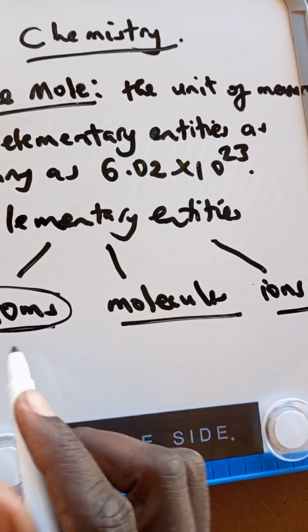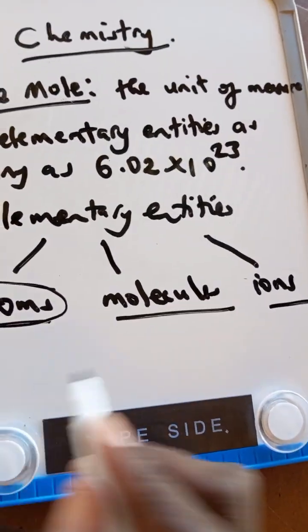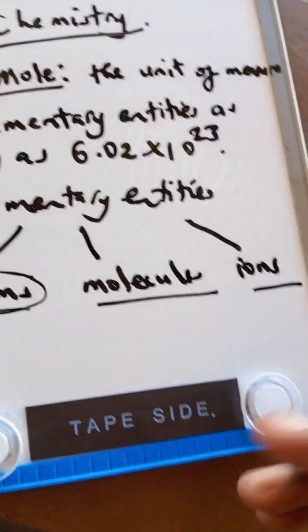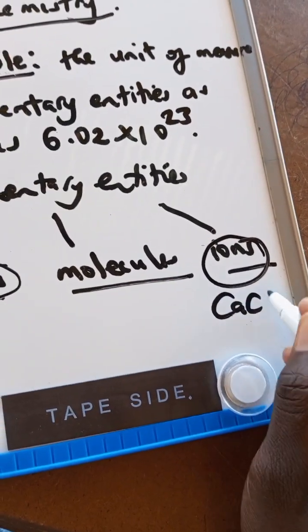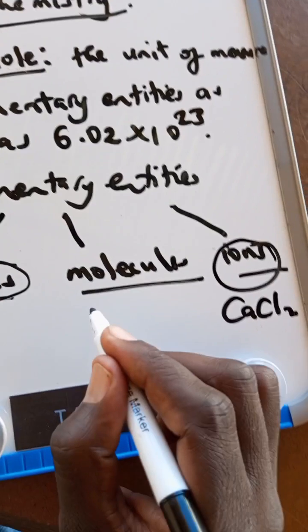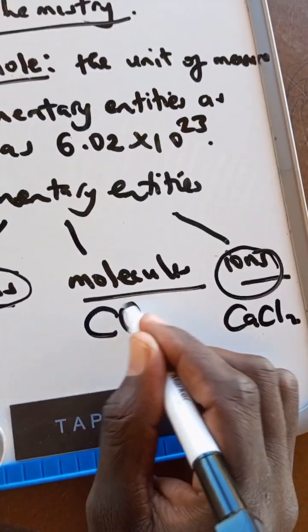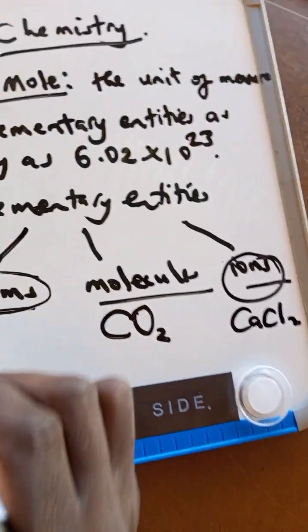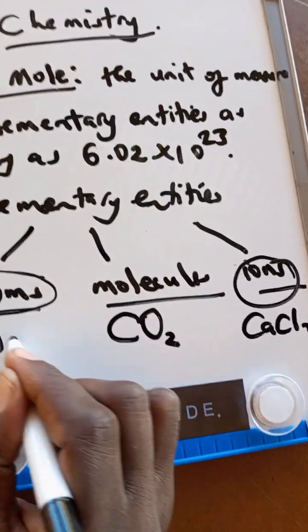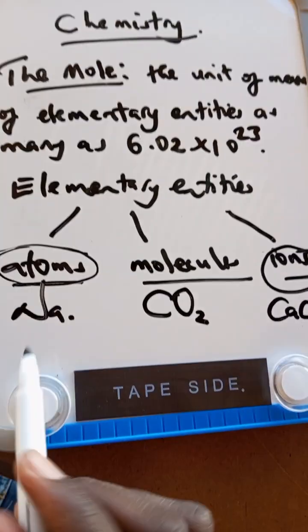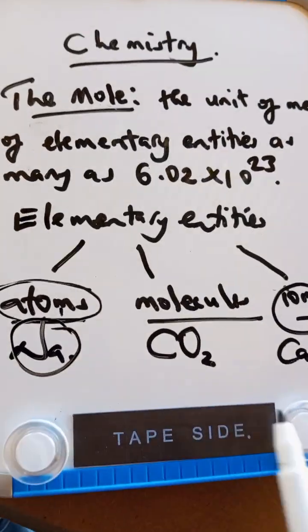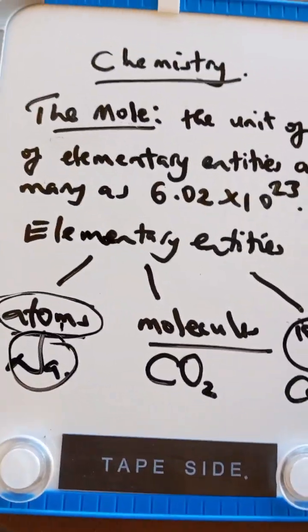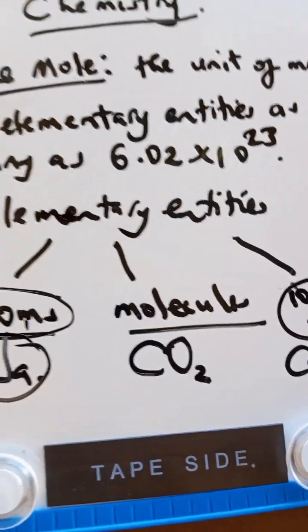And so, for example, you can ask a question to say how many ions are in calcium chloride, how many molecules are in carbon dioxide, how many atoms are in sodium metal. Okay, so sodium metal contains atoms because sodium is basically an element which has atoms.